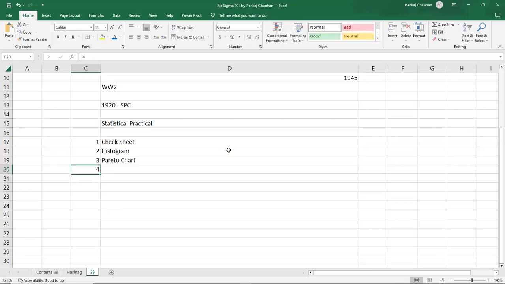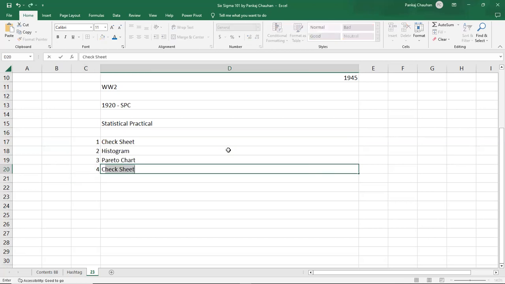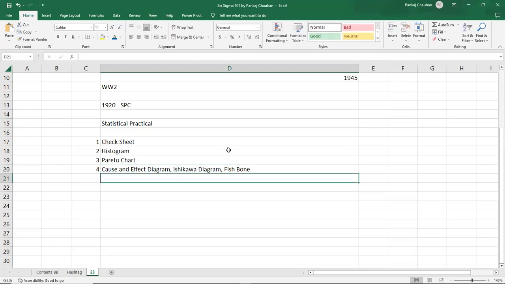Number 4, the cause and effect diagram, based on Ishikawa. This is also called an Ishikawa diagram. It is also called a fishbone diagram because it looks like a fish.